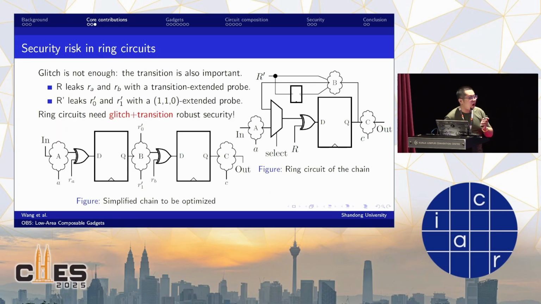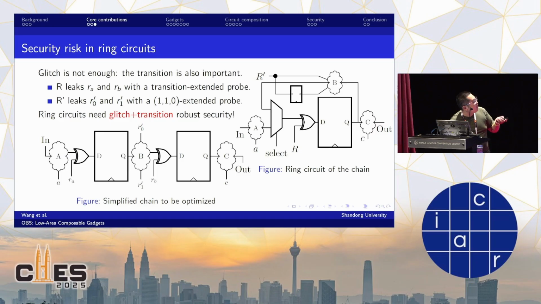However, using this way cannot guarantee the common security. Although ring circuits reduce area, they introduce more leakage risks. For example, the glitches.